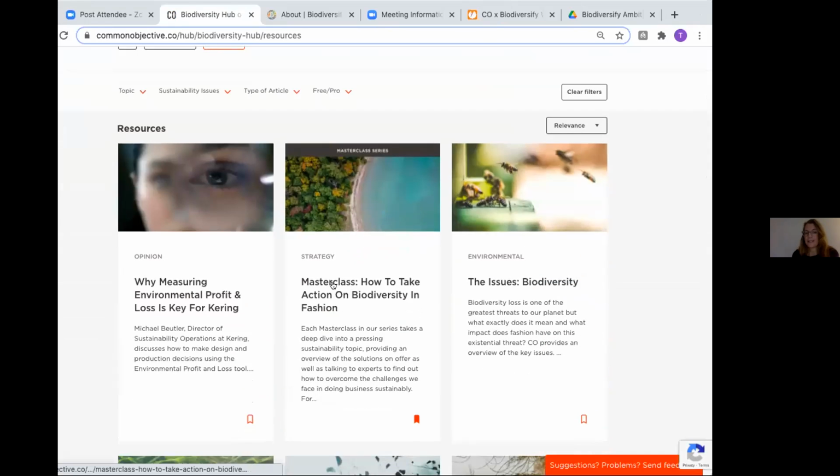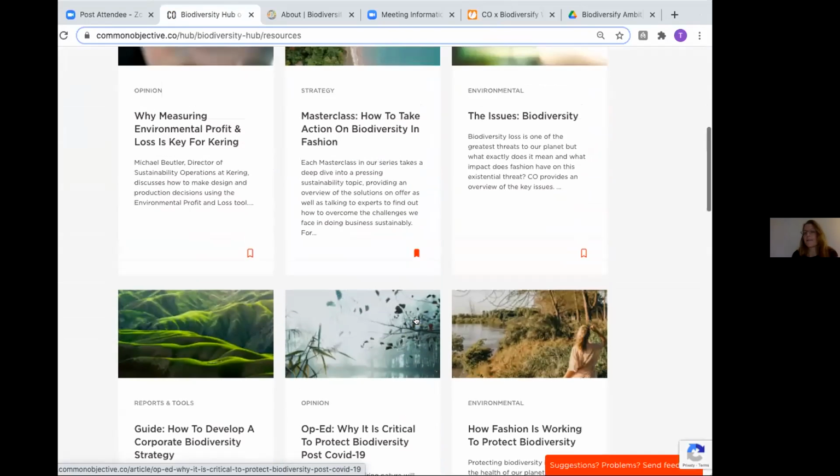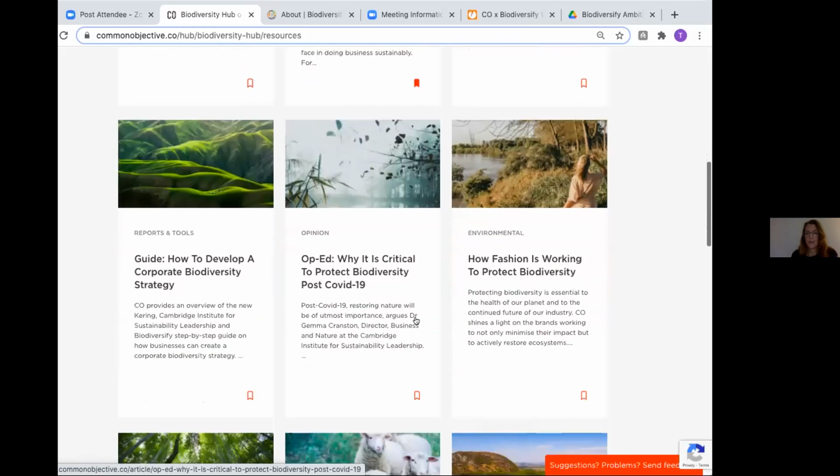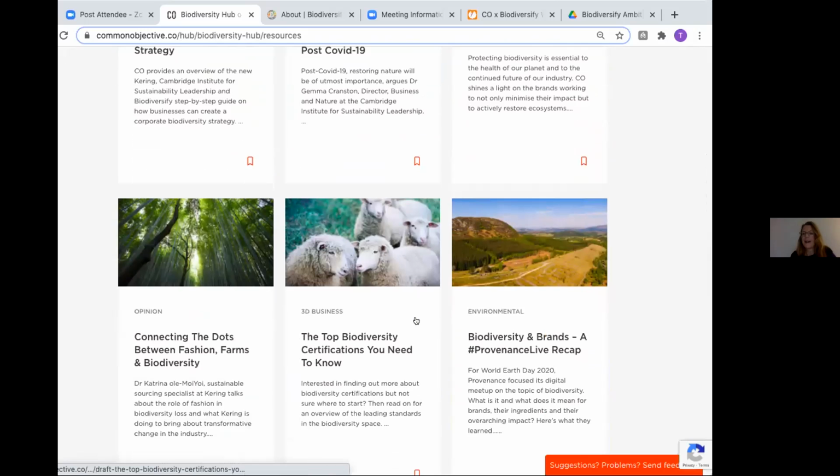There's a masterclass which gives you a broader perspective on how you can take action. You can watch that on there. And then some of the case studies that Sam mentioned, the ways that Caring has approached this, are on here too. We're continually adding to this, and we will add the article from today, which includes the recording and the resources.